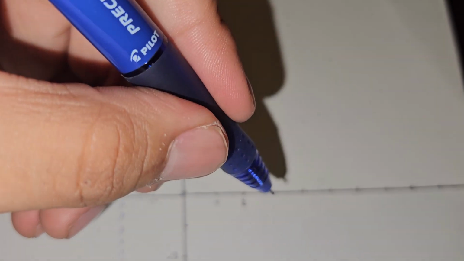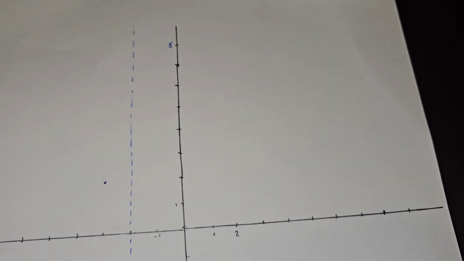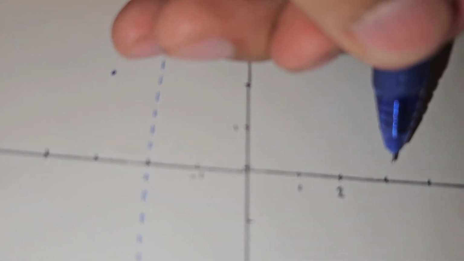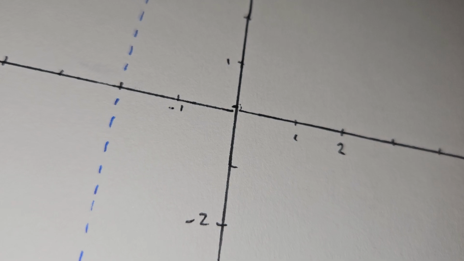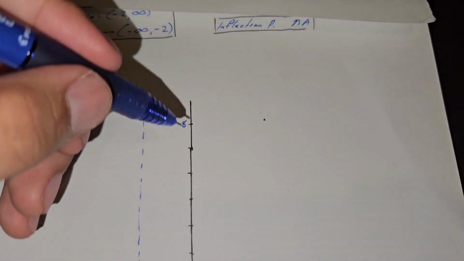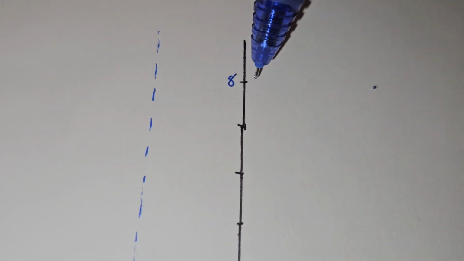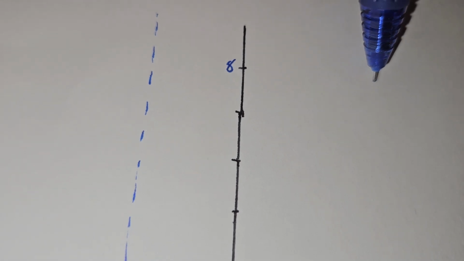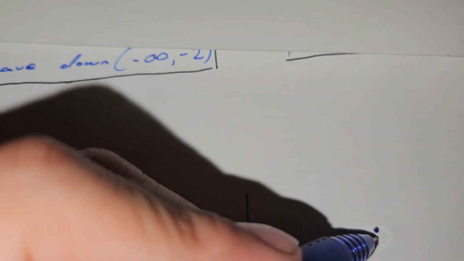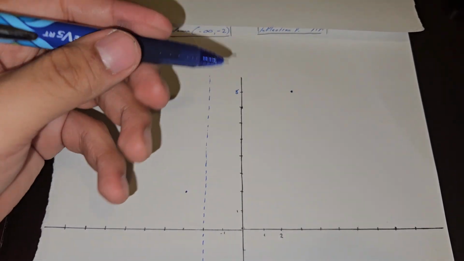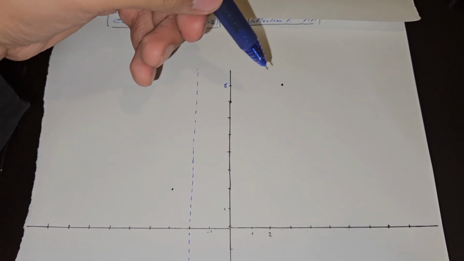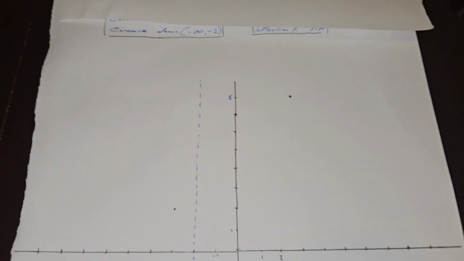So 3, 8. This is going to be a little challenging. Somewhere around here. Then just connect these two dots with our blue dotted line. That's going to be your other asymptote. I'm going to connect these two dots, and I'll be right back.